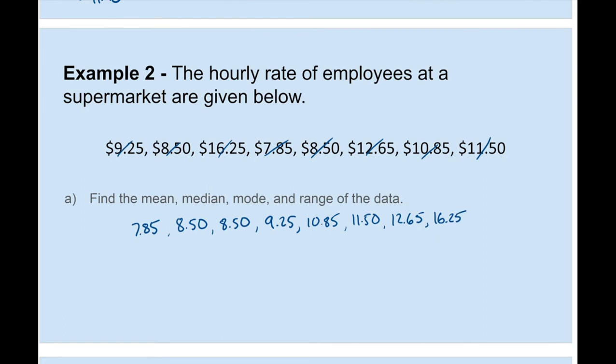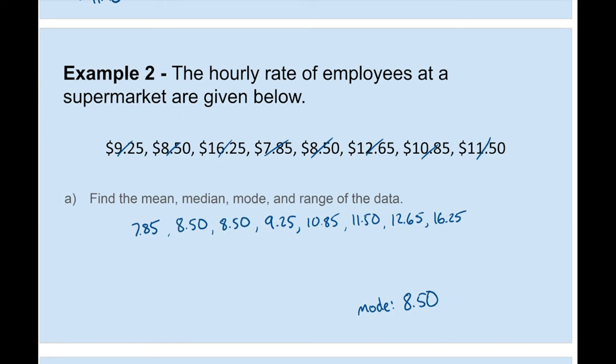And now we can go through and calculate or find our measures of central tendency and spread. So again, mode is probably the easiest one to find first, whichever one occurs the most. In this case, it is 8.50. We can see that that value occurs twice, or the most out of all the other ones.